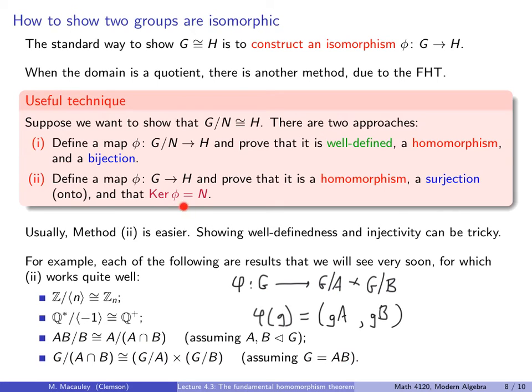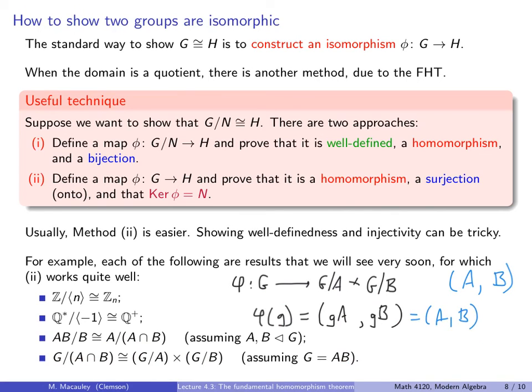So why is the kernel of this mapping equal to A intersect B? Okay, so what's the identity element in this group? The identity element is the identity coset in here with the identity coset in here. So the identity element is just the coset A, B, right? The identity coset of each. So when is this equal to A, B?